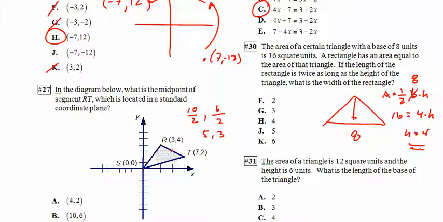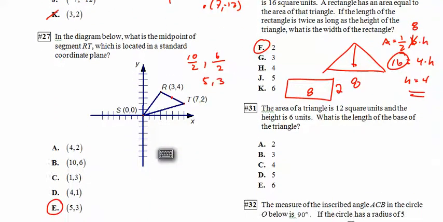A rectangle has an area equal to the area of the triangle. If the length of the rectangle is twice as long as the height of the triangle, what's the width of the rectangle? This would be 8. The original is 16. This is 2. And we want width 2.